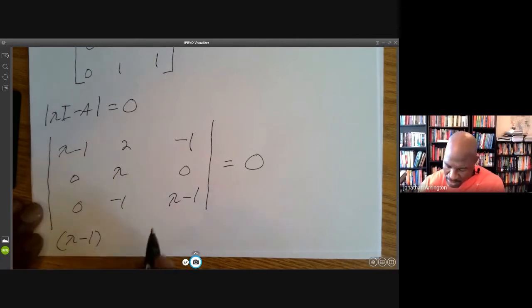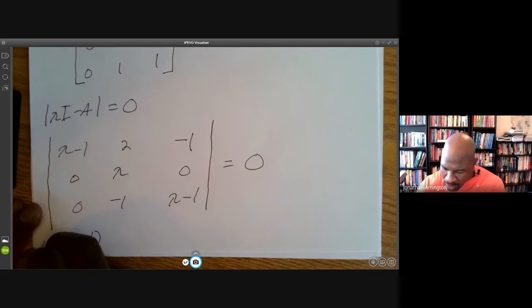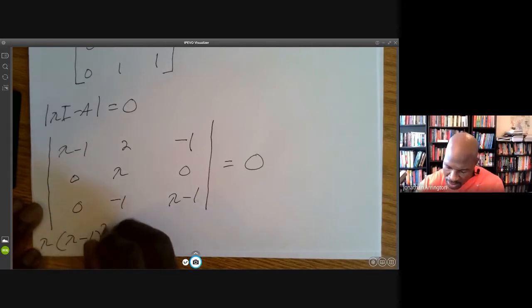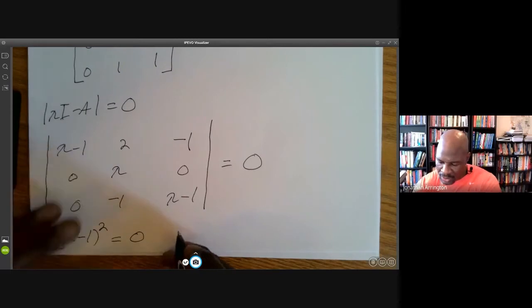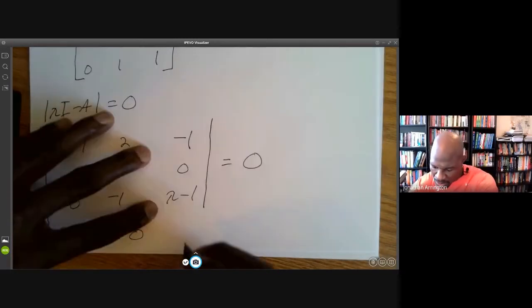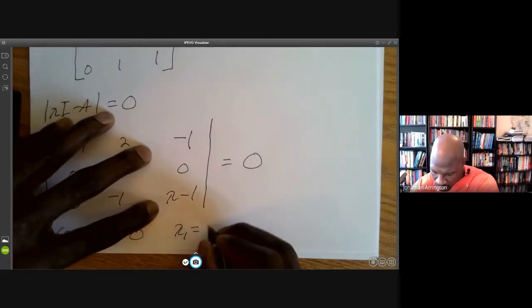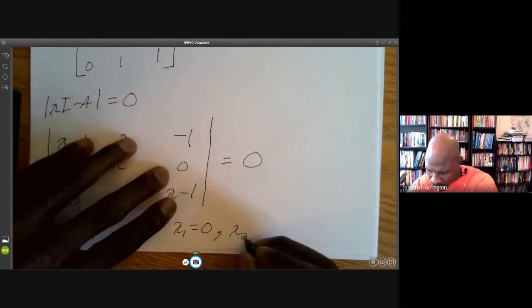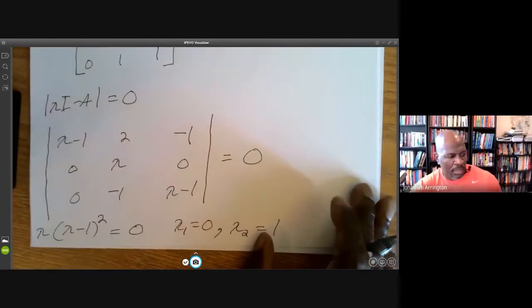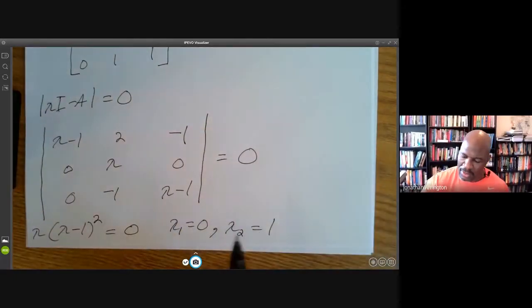So for that lambda times lambda minus 1, since it's being multiplied, I'm going to put a lambda there and a square there, and that's minus 0 equals 0. So there is our characteristic equation. From there it's obvious to see that our eigenvalues are going to be 0. So say lambda 1 is 0, and lambda 2 is positive 1. So there is that case where we have an eigenvalue of 0, which we of course forecasted.